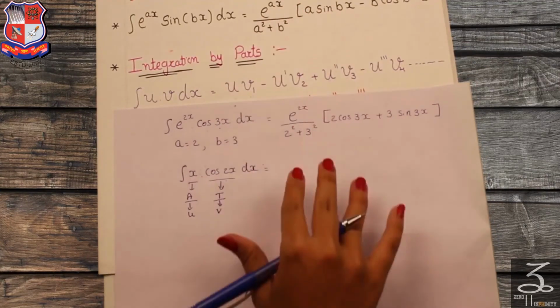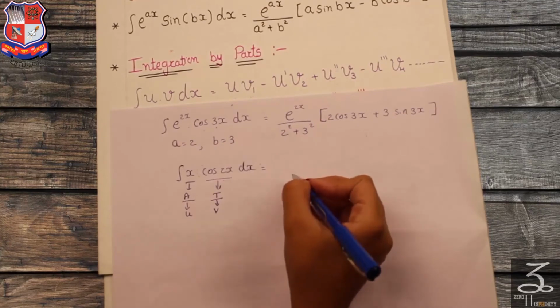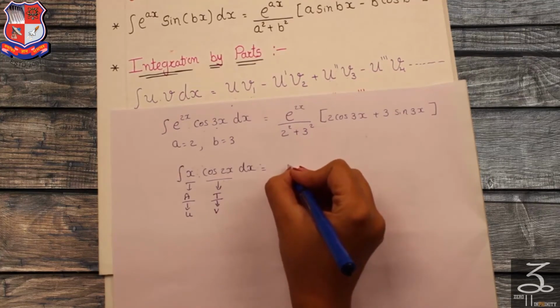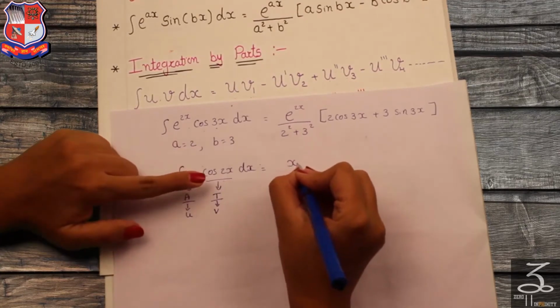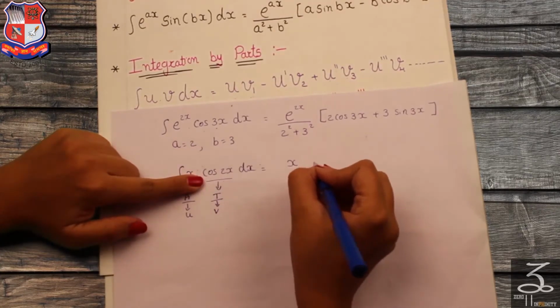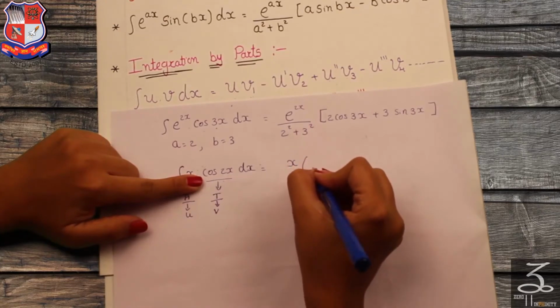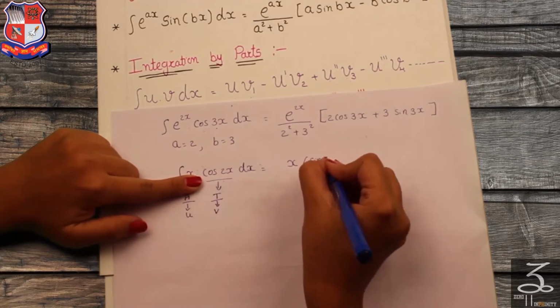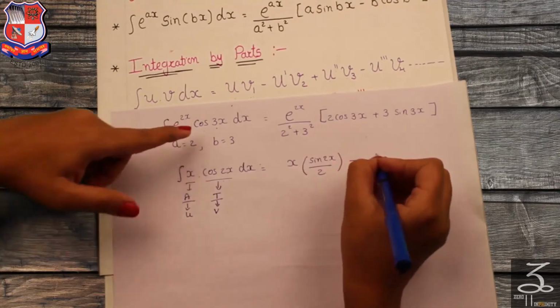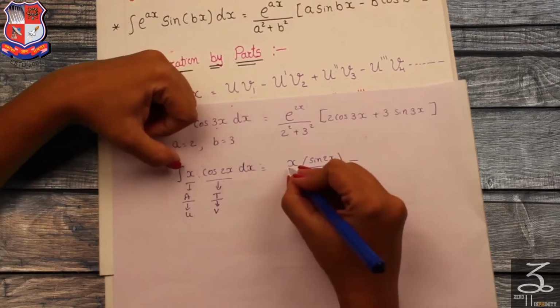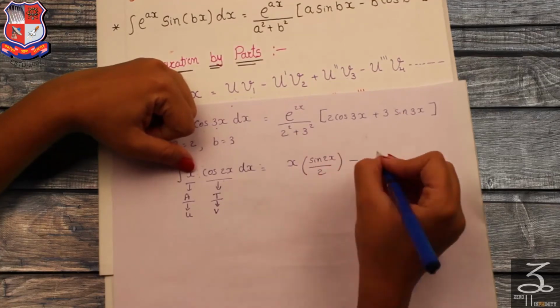So according to the formula of u into v, first u as it is, it means first x as it is, then the integration of v. The integration of cos 2x is sin 2x by 2, minus the differentiation of u, that is the differentiation of x.